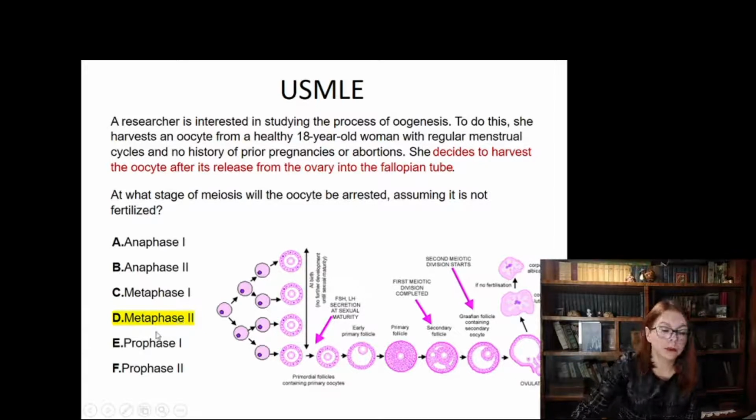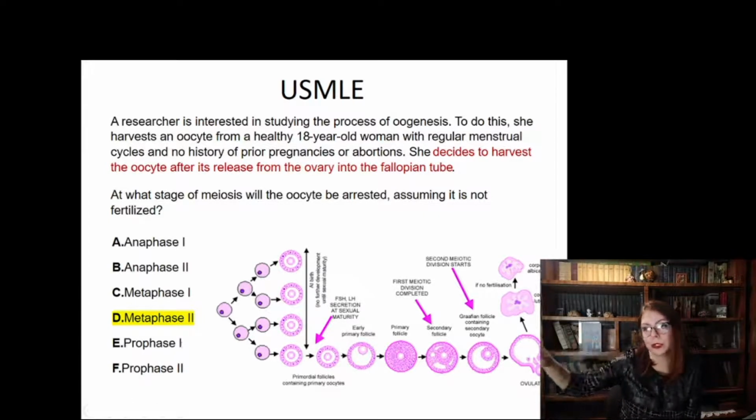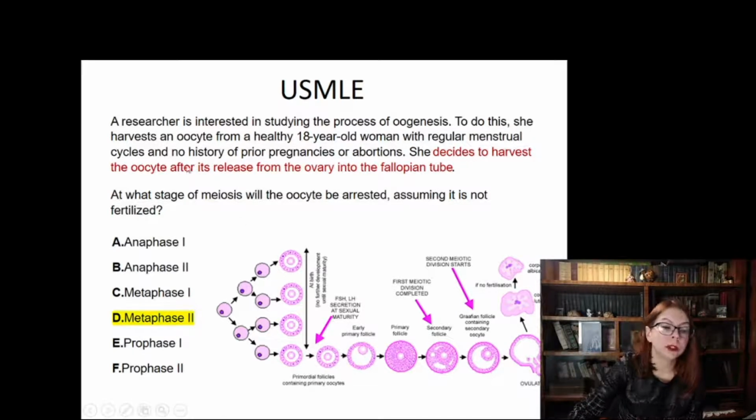And you should not confuse it with prophase 1, because in prophase 1, almost all follicles and almost all oocytes are there in the ovary. But if we are talking about the oocyte just after its release from the ovary, after the ovulation, then such an oocyte has resumed the first meiosis and is arrested in the second metaphase.